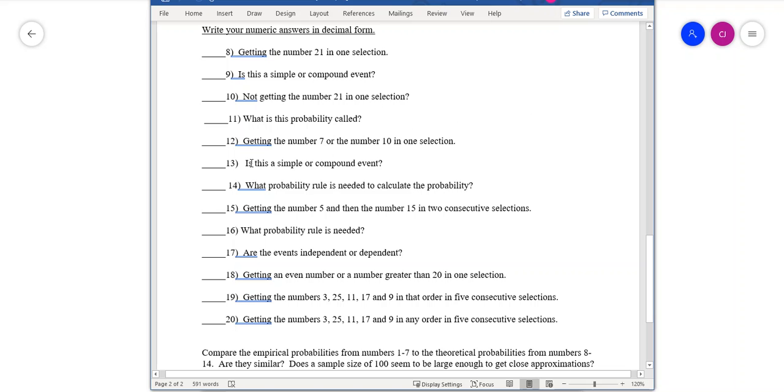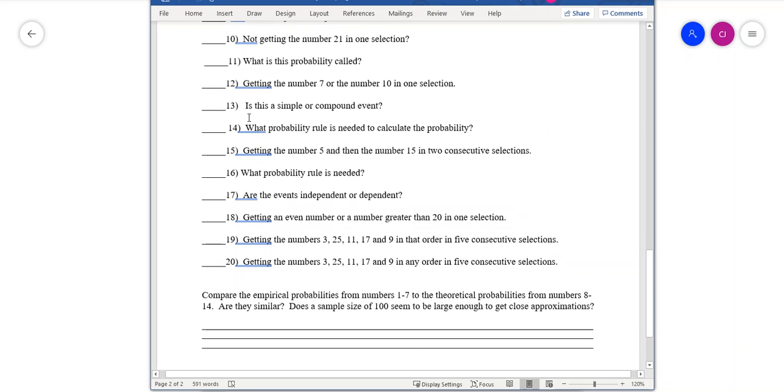And you have to decide, is this a simple or a compound event? When you're talking about more than one thing, what probability rule is needed to calculate? We talked about rules like the addition rule, the multiplication rule, independent, dependent. So you've got to figure that out.